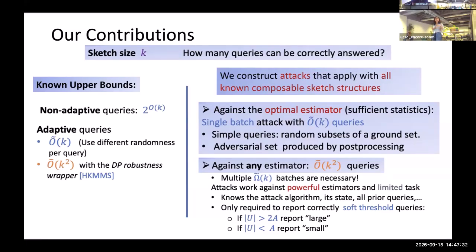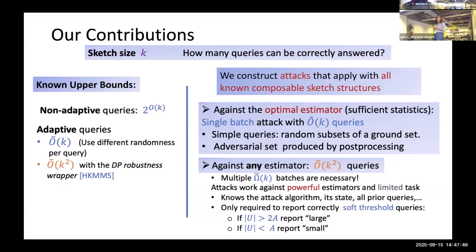We give the single batch, and then in the adaptive setting, we look at a setting where we do omega of k rounds of batches of queries.